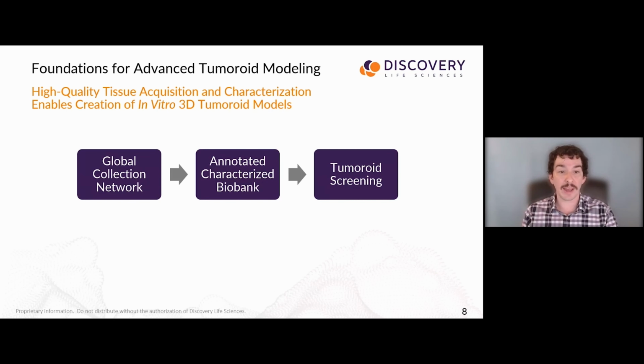So we at Discovery have a global collection network that plays a critical role in enabling our ability to generate these tumoroid lines. We source and have created a biorepository representing a wide variety of patient tumor samples. This extensive biobank of annotated, characterized samples, along with our access to fresh tissue, provides us with a diverse starting material source for tumoroid generation screening.